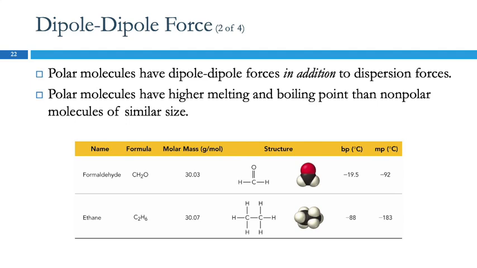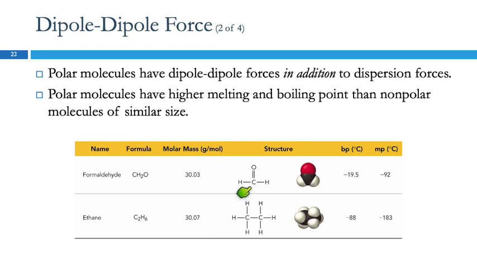If we look at polar molecules and compare two polar molecules of similar size, we want them to be of similar size because we don't want the difference in dispersion forces to cause a difference in the melting point and boiling point. So these guys have almost identical masses.